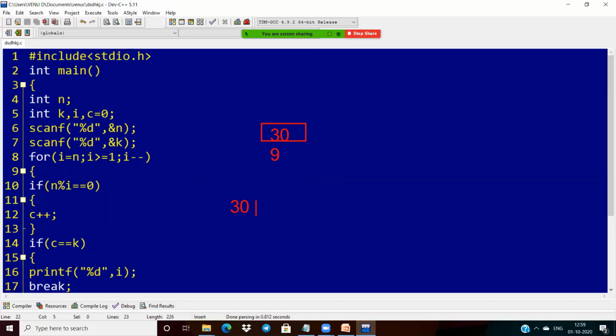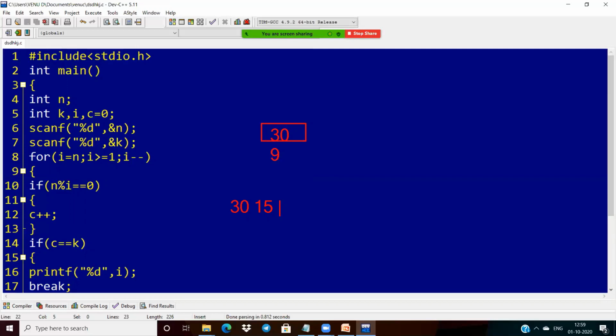Next 19, 18, 17, 16, 15. Yes, 15 is a factor: 30 percentage of 15, yes. Next, after 15, 14 no, 13 no, 12 no, 11 no.